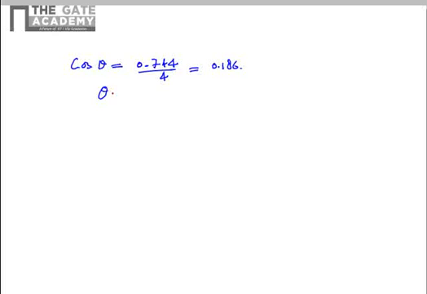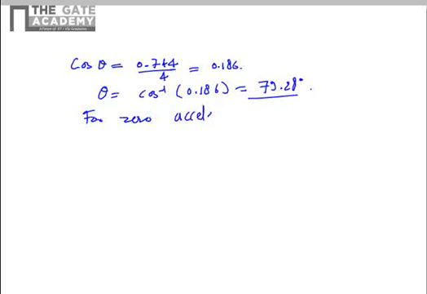So theta is equal to cos inverse of 0.186, which is 79.28 degrees. This is the angular position of the crank for zero acceleration.